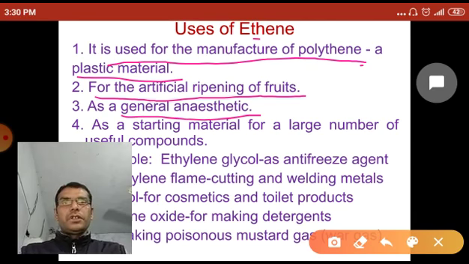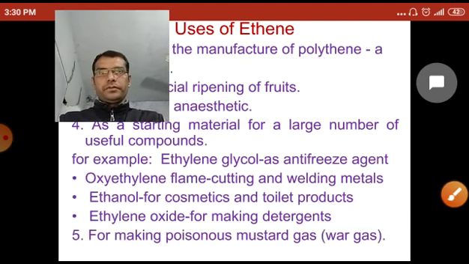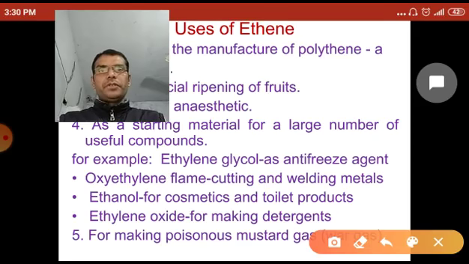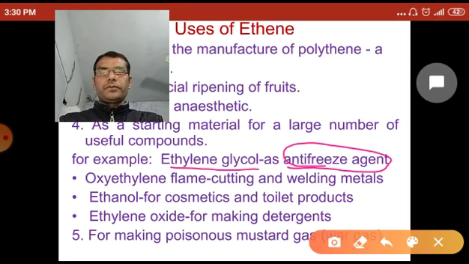Ethene is used as a starting material for a large number of useful compounds, for example ethylene glycol as an antifreeze agent. Generally in cold regions, ethylene glycol is used as an antifreeze in fuel engines.